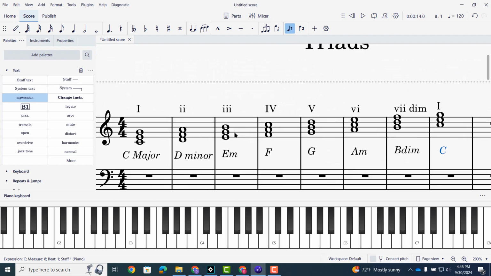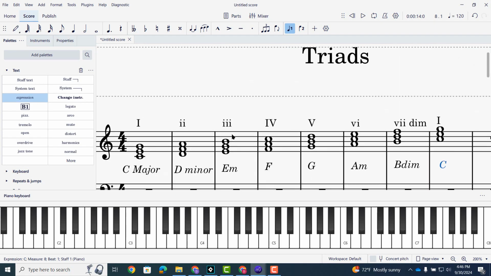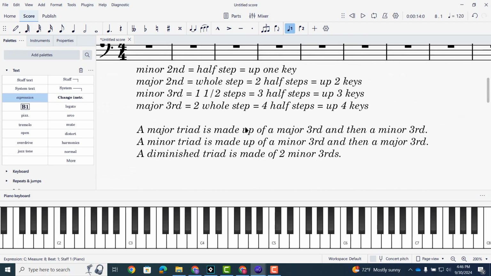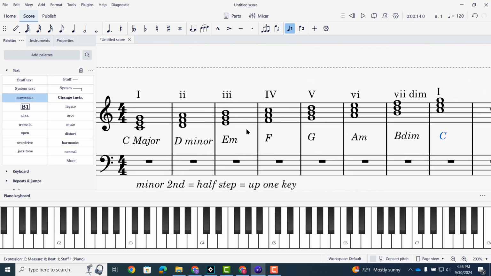So that's triads, at least for the major scale. But we're going to try a couple other ones next time. So don't turn in this worksheet quite yet, because we're going to be adding a little bit more to it down here as we go through the other types of triads.